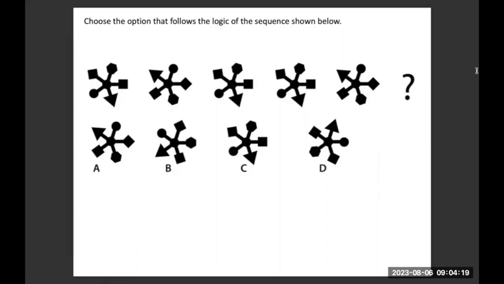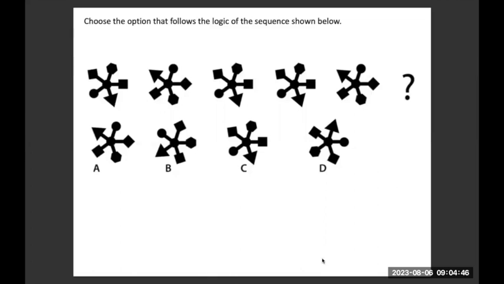Shrujal, wrong answer. Ria, wrong answer. Vansh, Dia, wrong answer. Palak, wrong answer. Jumil, Anvi, wrong answer. All right, wait.